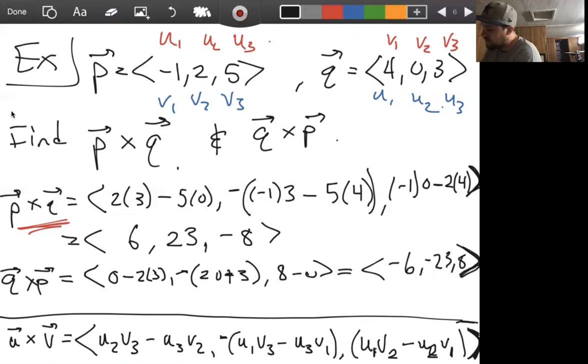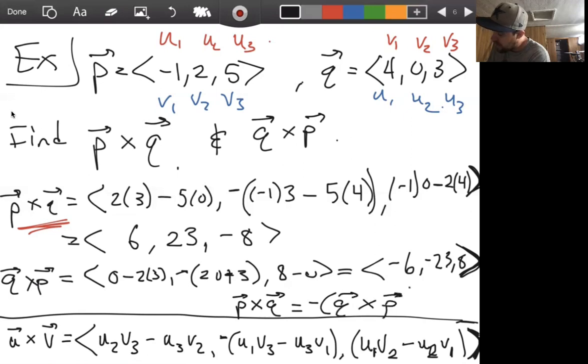And you may notice that these are different, and that's expected. And actually, you can see that they're the negative of each other. So what we just calculated is that P cross Q is equal to negative Q cross P. And this is not an anomaly. This happens all the time because the cross product has an anti-commutative property.